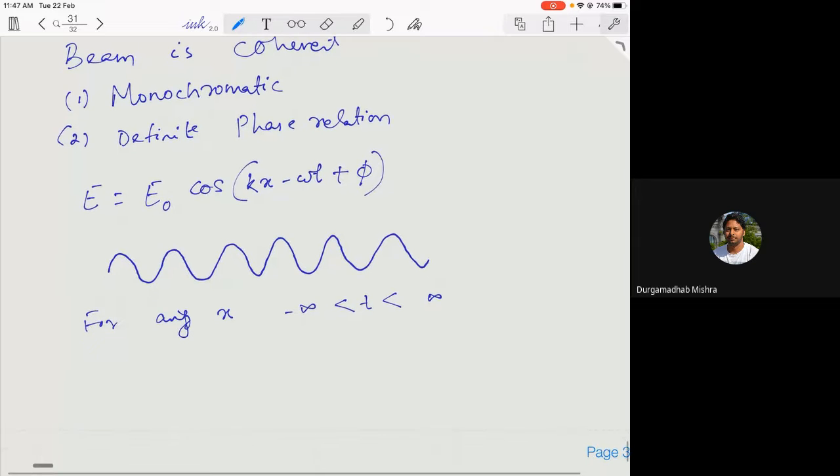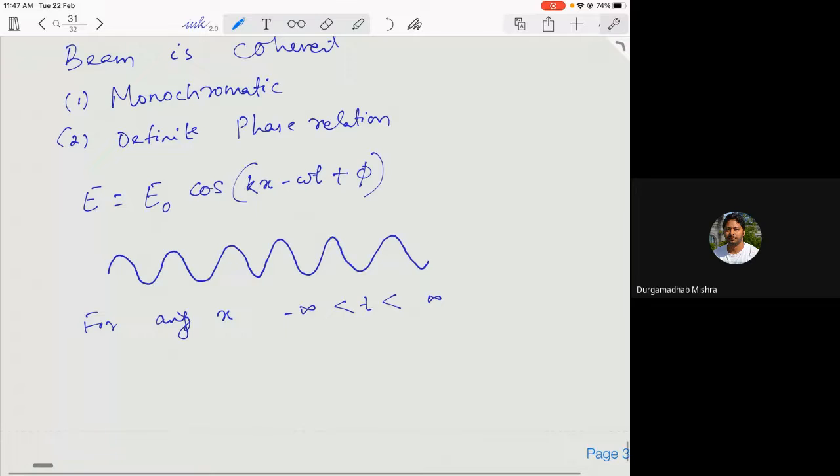But it cannot be true always, because the process of producing this electromagnetic wave is due to the transition of electrons from one level to another level, and that can lead to a phase difference during the process. It may not be so definite.